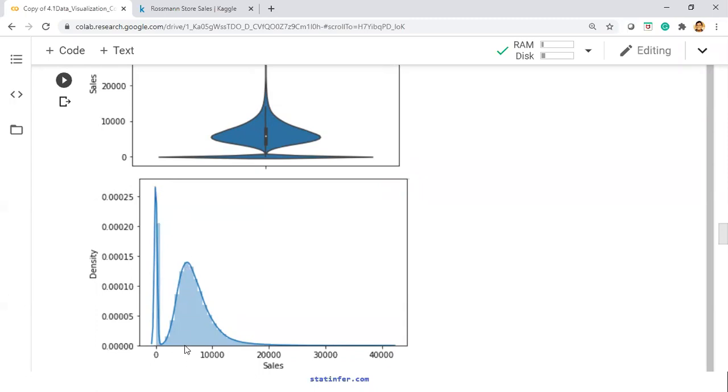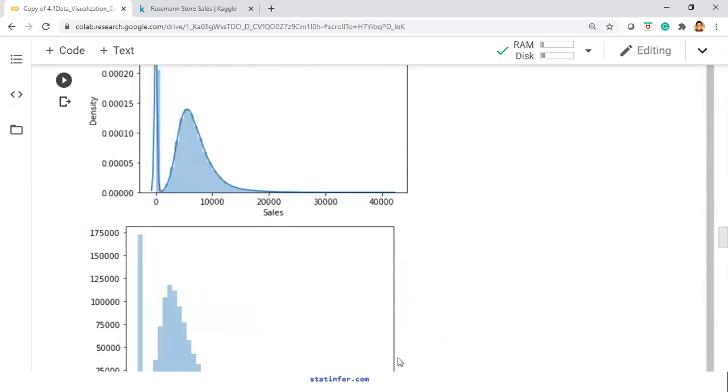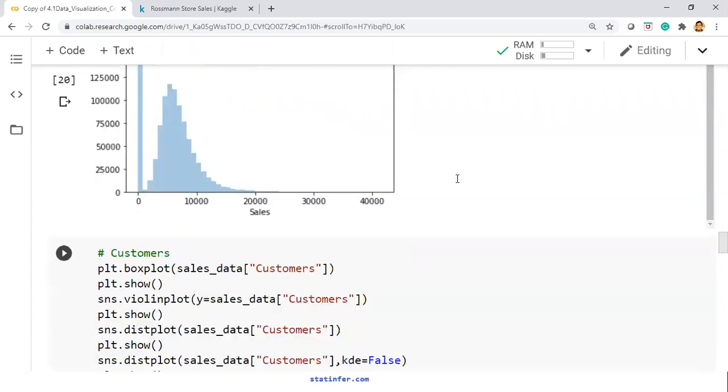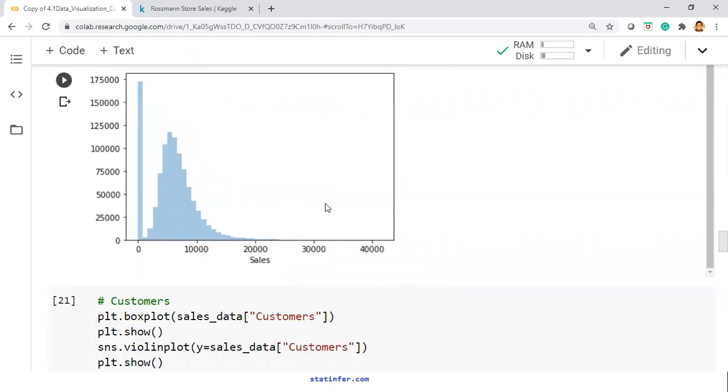And most of the values are in this range, 6,000 or 5,000 and so on. After 15 or 16,000, it started dampening. I think 15 or 16,000 is the critical value, the realistic maximum value. Beyond that, they are all outliers. So I can very confidently say there are outliers in the daily sales.